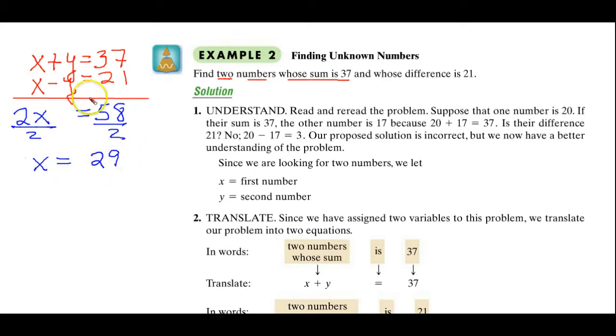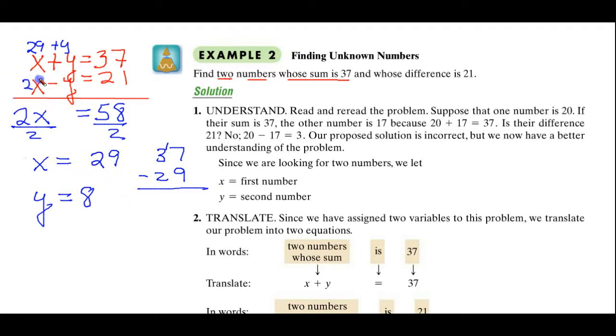Well, if x is 29, what will y be? Well, you just put it up here. 29 plus y equals 37. So 37 minus 29, this is going to be an 8. So we can also check it now.